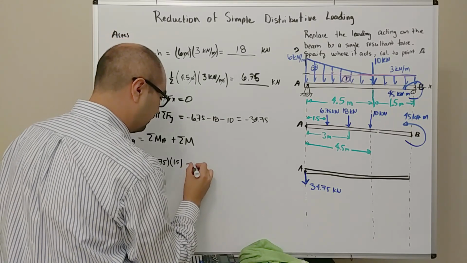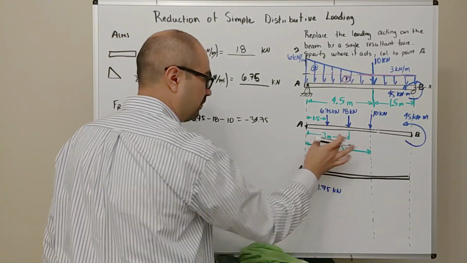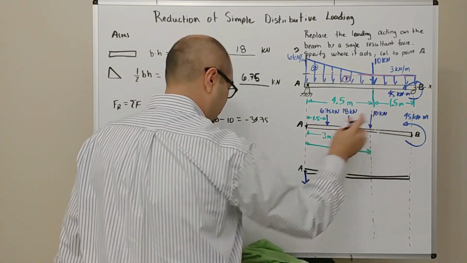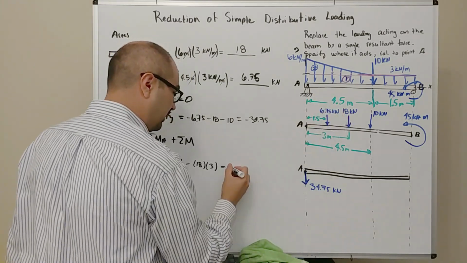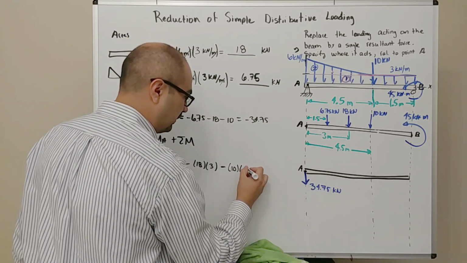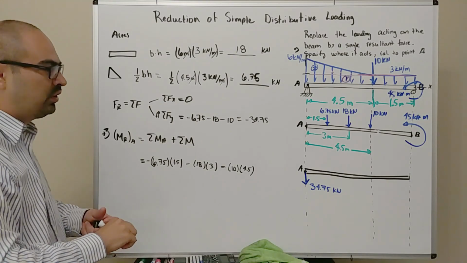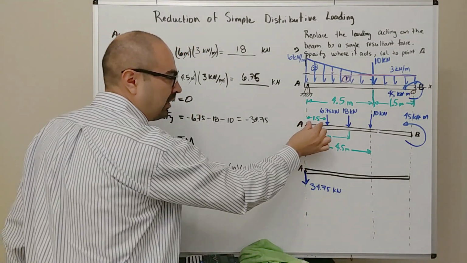So minus 18 times the distance from point A, which is 3. And then we have the 10 kilonewton. We're going to subtract again because it creates a negative moment. So the force is 10. The distance is 4.5.